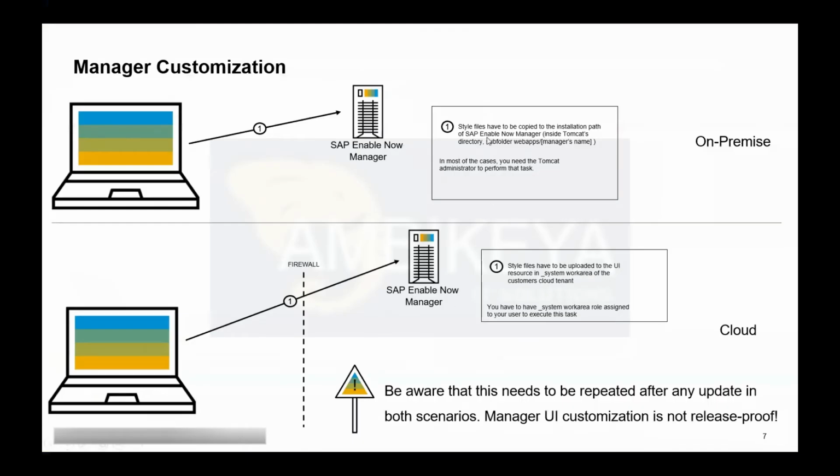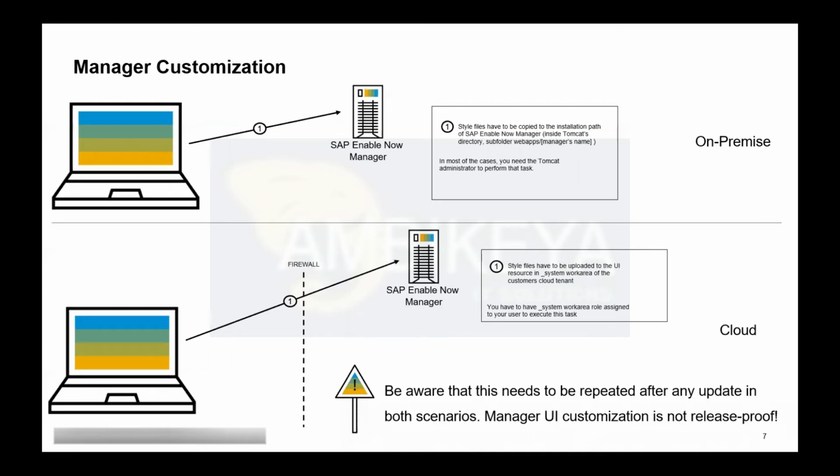And this is something that you especially could face in larger companies where the administrators are keen on keeping things safe. They would probably not give you write access to this after the implementation was once done. So take this in the back of your mind. If you want to do a customization for manager, you need write access on the file system the Tomcat application is actually running on.